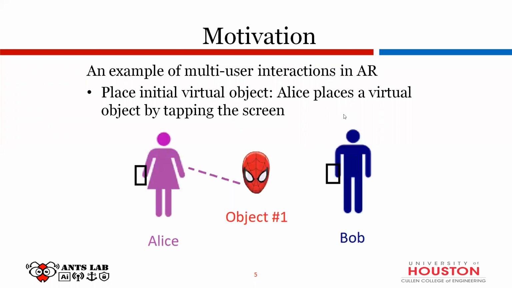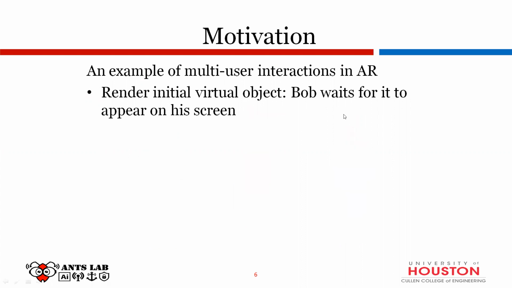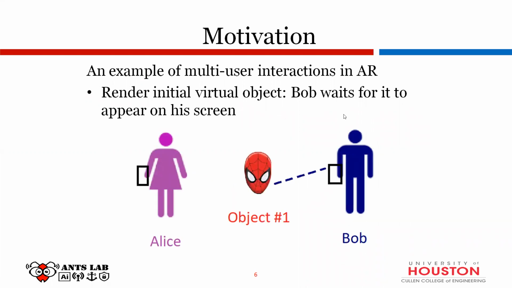Here, Alice just puts a Spider-Man head in this position. Then we need to render the virtual object, so Bob waits for it to appear on his screen. After a moment, the object will be shown on Bob's screen.